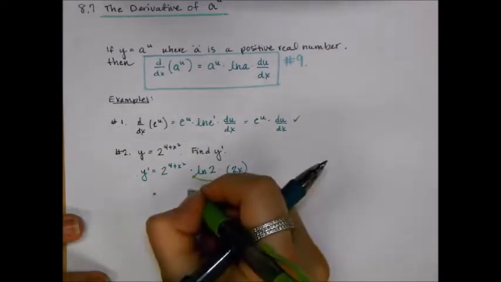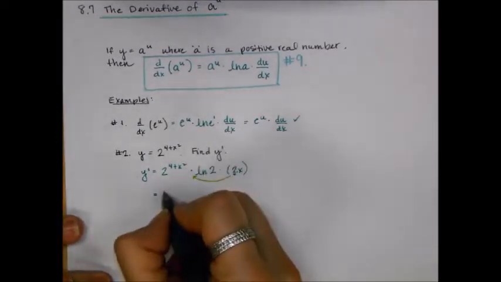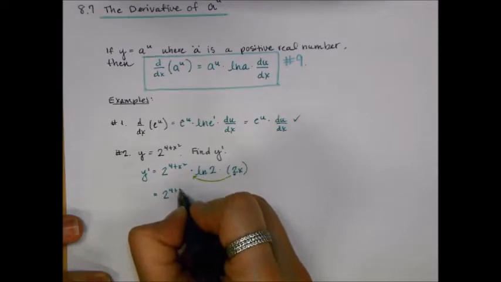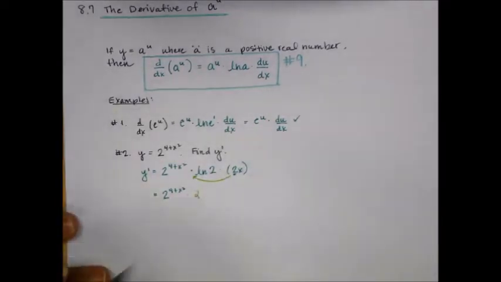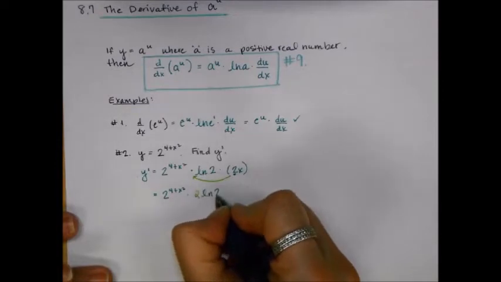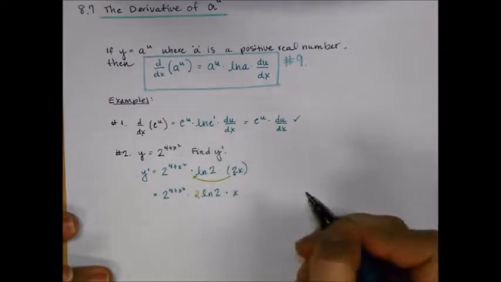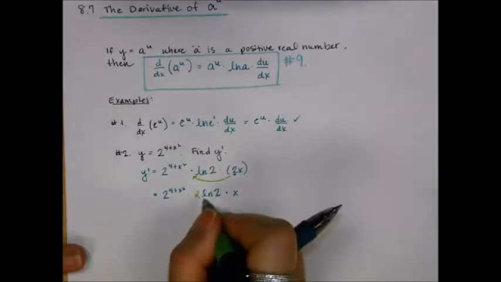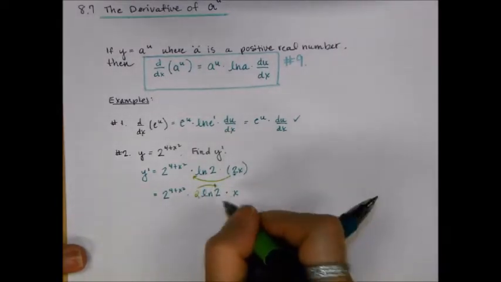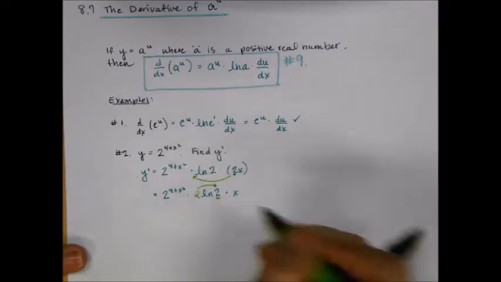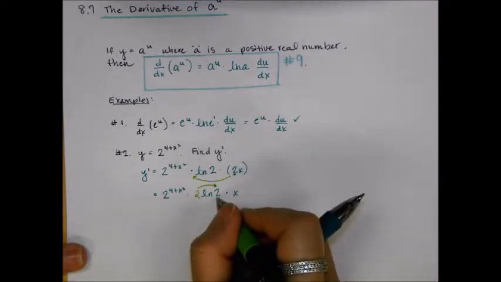All right, so for now, we'll leave it where it is. So I bring this 2 here in front of the natural log of 2. I'll leave the x here at the back. What I want to do is use my log property. So I can rewrite this 2 as the exponent of the 2 inside of my natural log. So it becomes the natural log of 4.